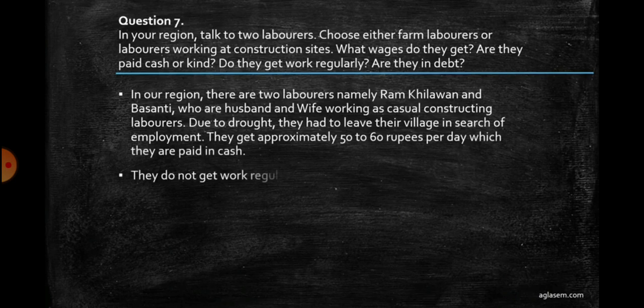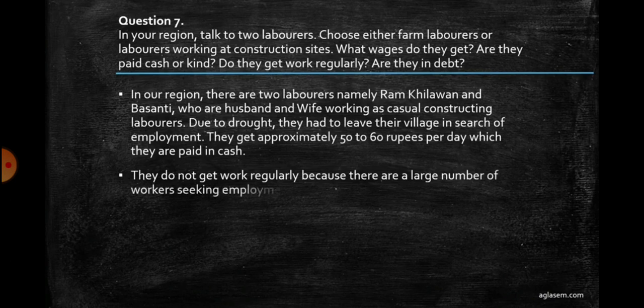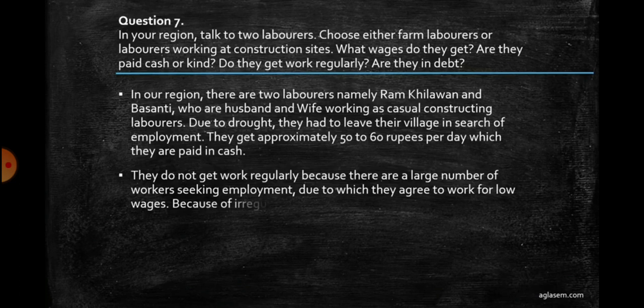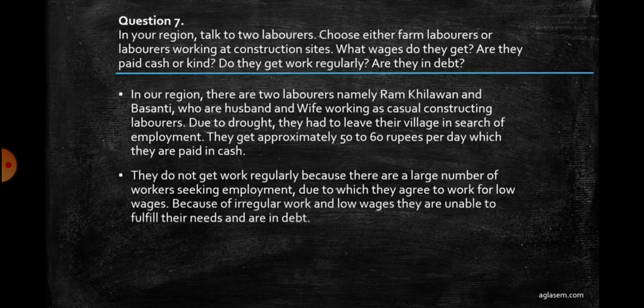They do not get work regularly because there are a large number of workers seeking employment, due to which they agree to work for low wages. Because of irregular work and low wages, they are unable to fulfill their needs and are in debt.